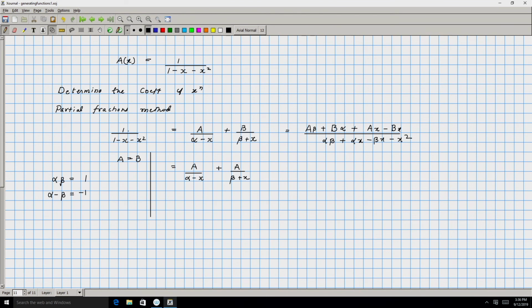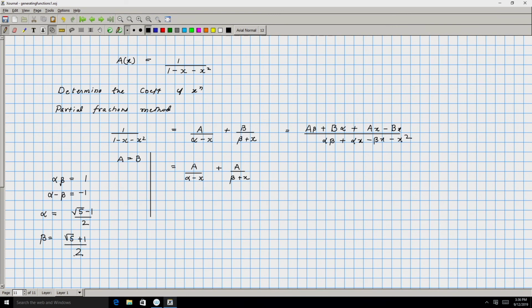So those will be the roots of this particular denominator polynomial. Therefore alpha will be equal to (root 5 minus 1) by 2, and beta will be equal to (root 5 plus 1) by 2.